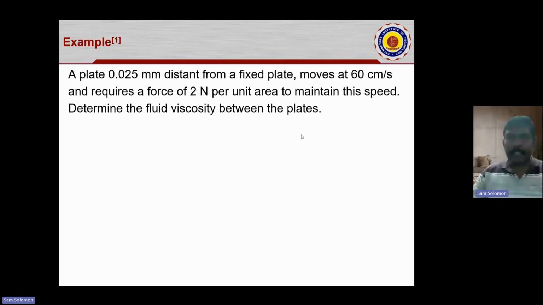So now what they have said is there are two plates, an upper plate and a lower plate over here, and they are separated by a distance of y equal to 0.025 mm.